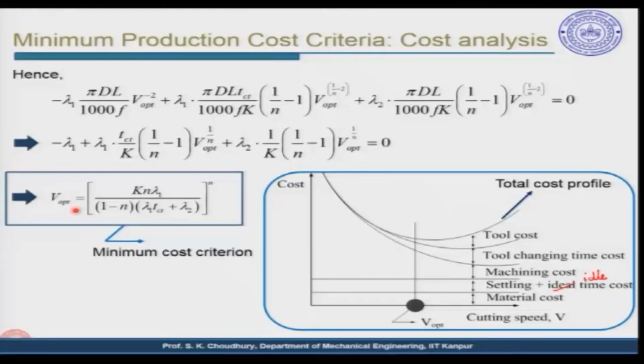The value of f or d, the depth of cut, that we will get will be the optimum value. So, here we have neglected that, we have taken only the optimum velocity, and similarly you can also get the optimum value of the feed and the depth of cut.